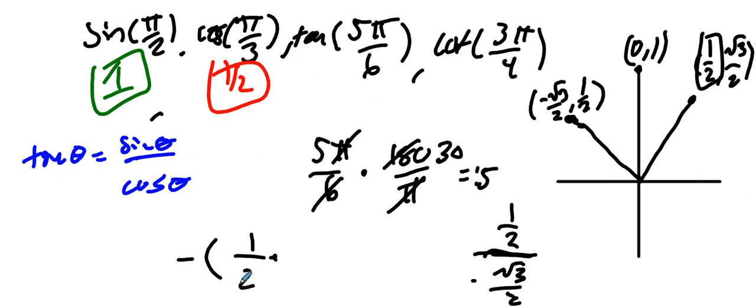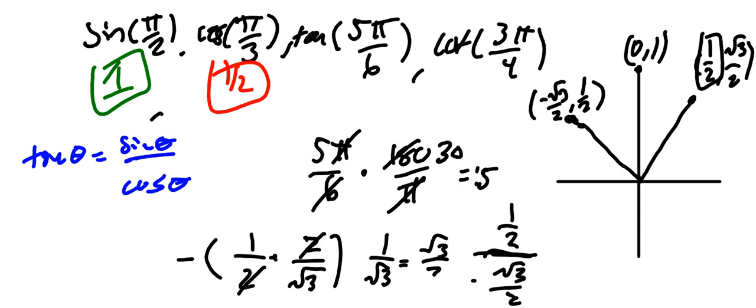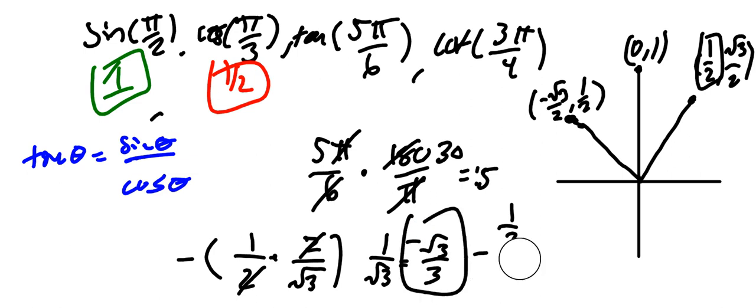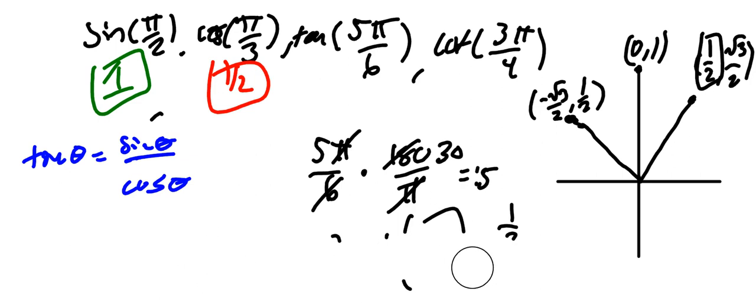Negative, well, when we divide by square root of 3 over 2, we're really multiplying by 2 over square root of 3. Now, the 2's cancel. We're left with 1 over square root of 3, which is equal to the square root of 3 over 3. And obviously, we're going to put the negative on there. And that's going to be our answer there. Negative square root of 3 over 3 is equal to tangent theta.